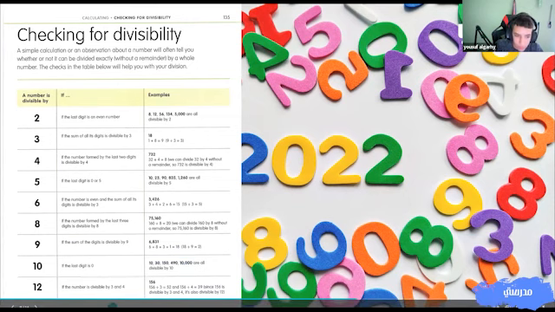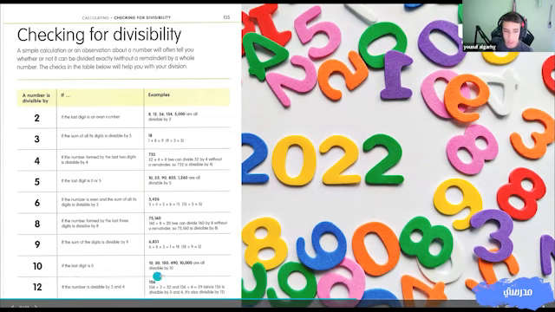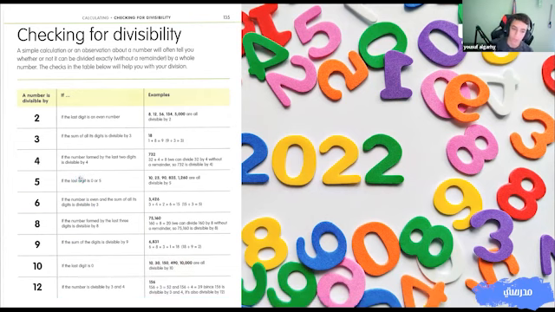Okay. So now we have 12. So 12 is the hardest one because a number is divisible by 12 if the number is divisible by both 3 and 4. Okay. So we have 156. All right. Does anybody know what 156 divided by 3 is? If you don't, the answer is right here. 52. Good job.